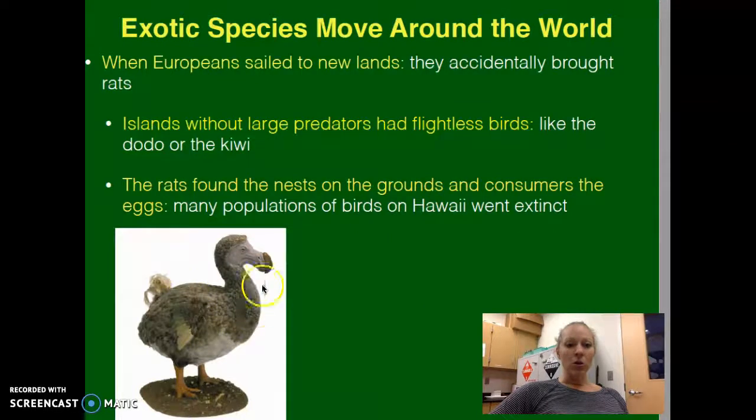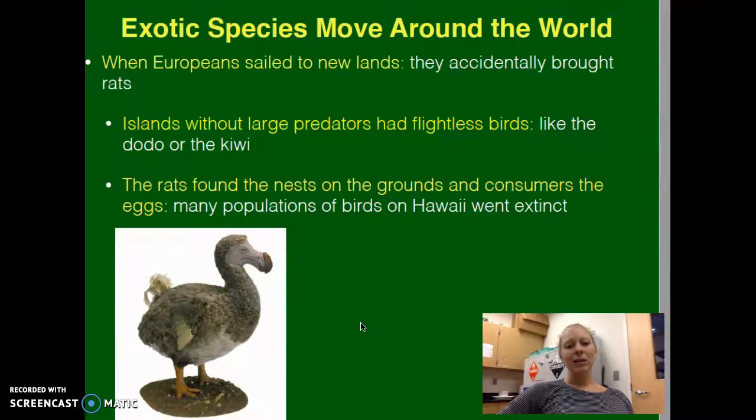The dodo here is the poster child for extinctions. When Europeans sailed to new lands, they accidentally brought rats, and flightless birds are kind of defenseless. You know, flightless birds are generally on islands where there are no predators, because their nests are on the ground and they're completely defenseless.